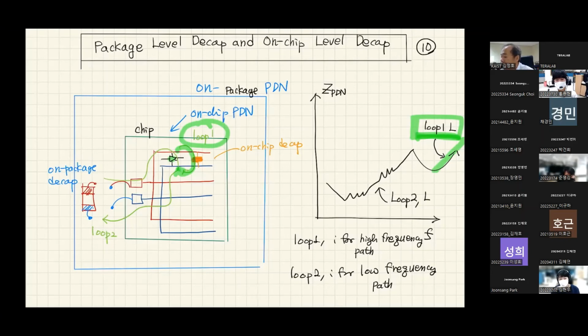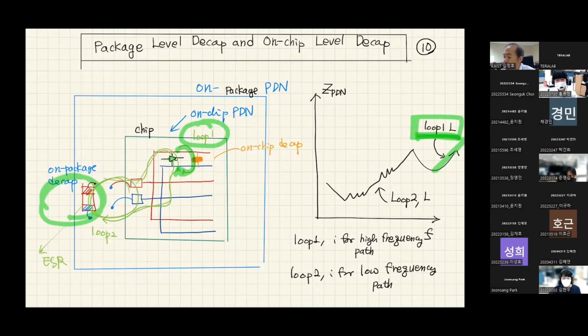Sometimes, depending on your data patterns or your switching operation, your switching current has some frequency spectrum of 100 megahertz. That current is actually supplied from on-package decoupling capacitors, and the on-chip decoupling capacitor has a certain self-ESL, and you have package loop inductance, and you have on-chip loop inductance.